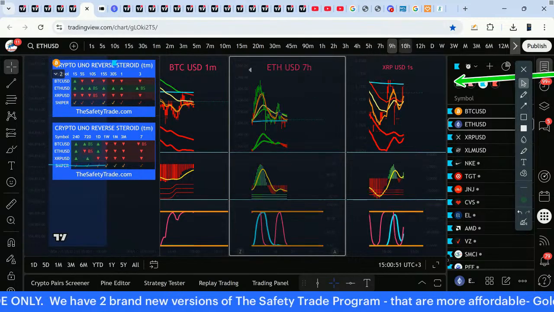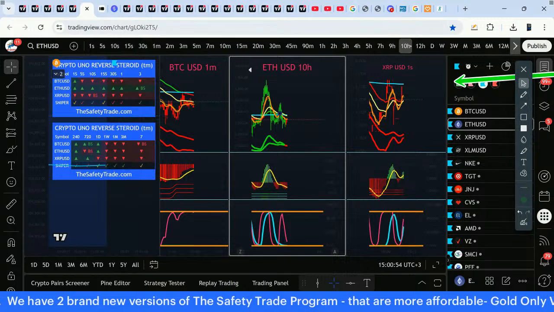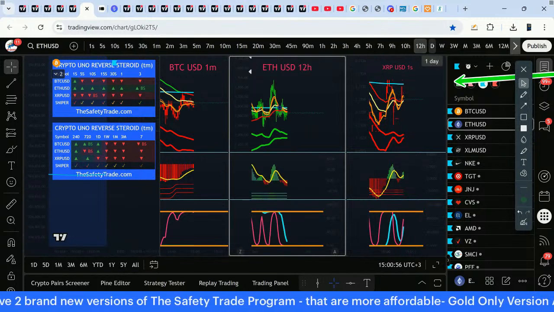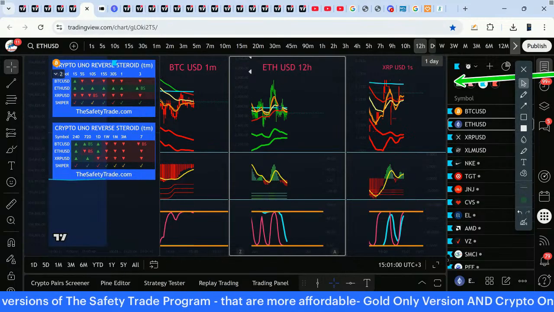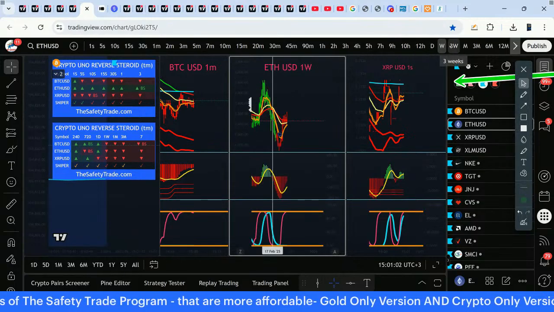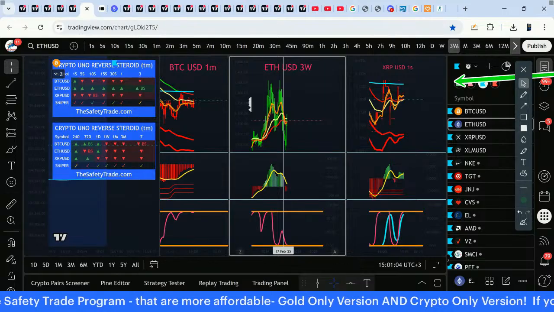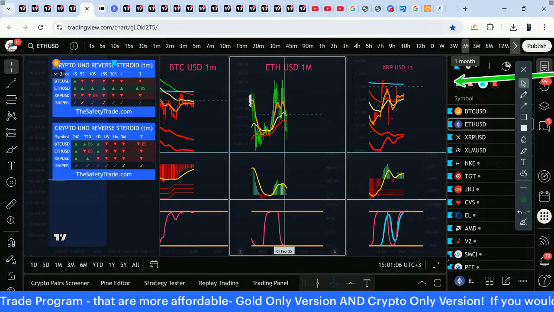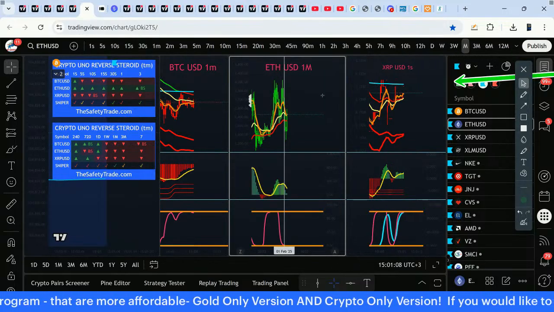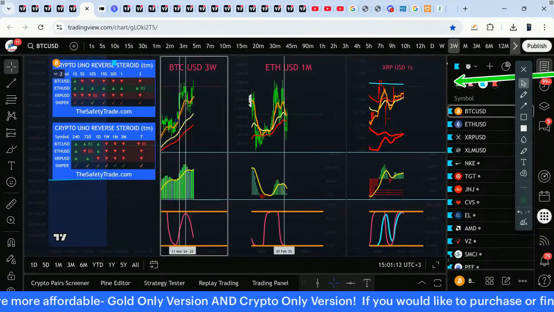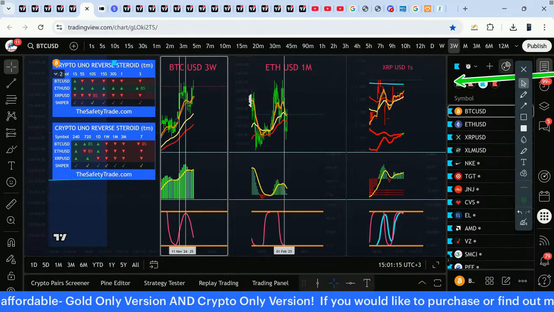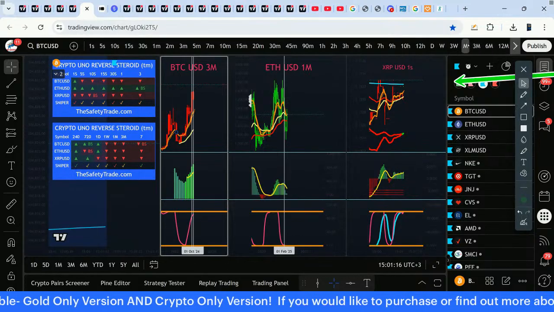These are all permanent buys, so don't worry about anything. 12 hour, daily, weekly, 3 weekly, monthly buy stop. Gorgeous Ethereum. 3 weekly, monthly buy stop. Let me go to 3 weekly. Let me go to monthly.